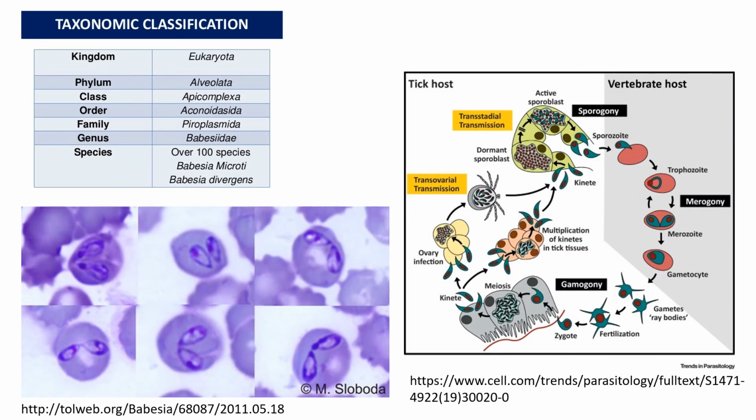And here, we have another Apicomplexa, kamag-anak ng malaria. Nagko-cause din ng infection dito sa blood. So, sa blood din tumitira. Ito ay Babesia. Okay, so Babesia.